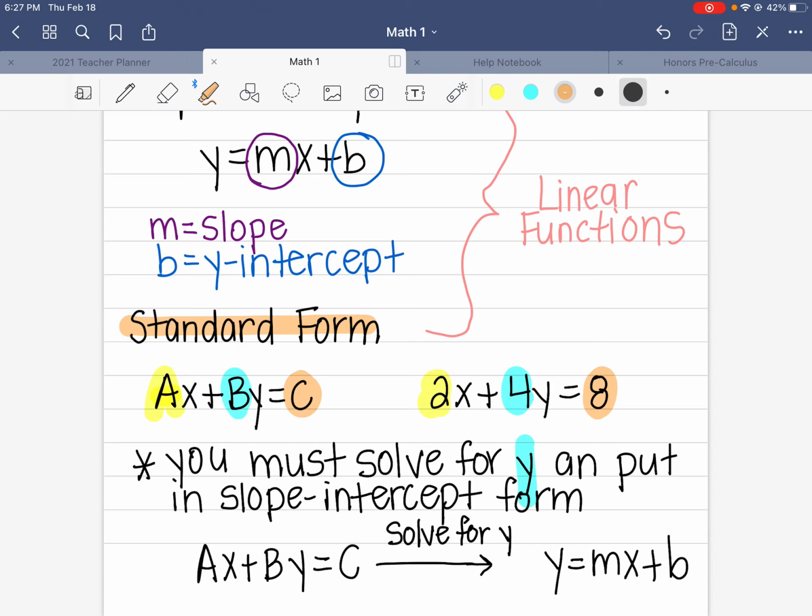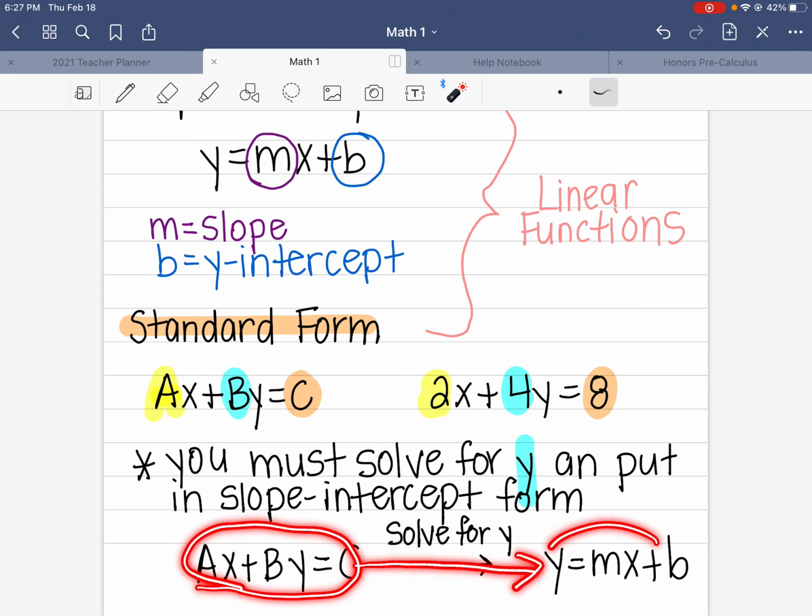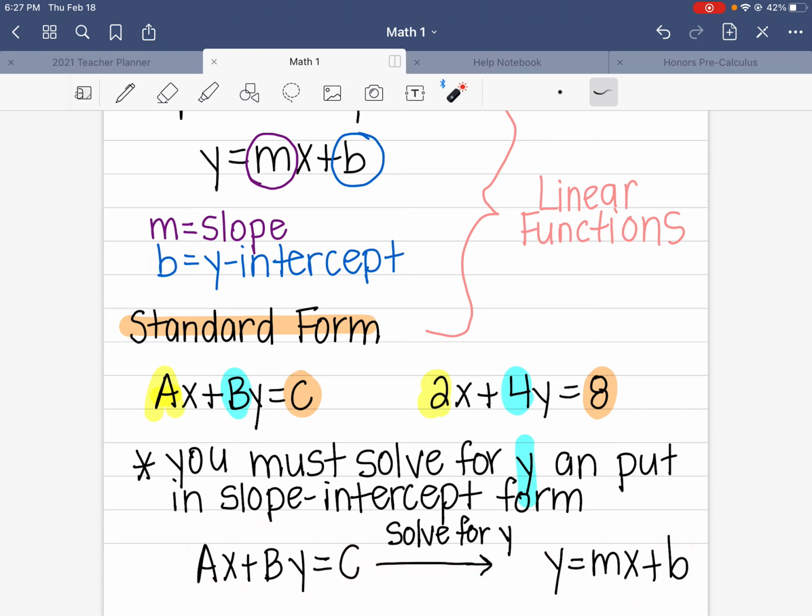Now, we typically do not use standard form very often. What you're going to do is solve for y. In solving for y, you go from standard form to slope-intercept form. We are going to practice today how to solve for y, because otherwise you can't tell me the slope and the y-intercept.